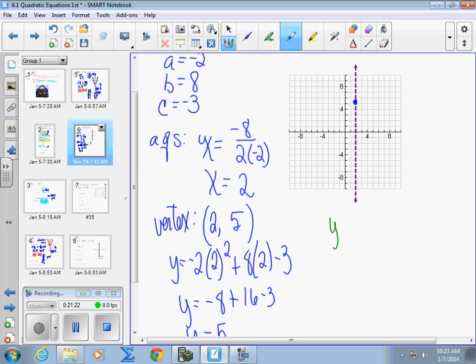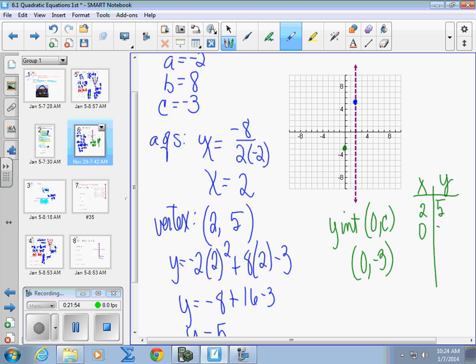The y-intercept is 0 and c, so it is 0 and negative 3. We know the distance from here to here is the same in the other direction. So we have 4 and negative 3.